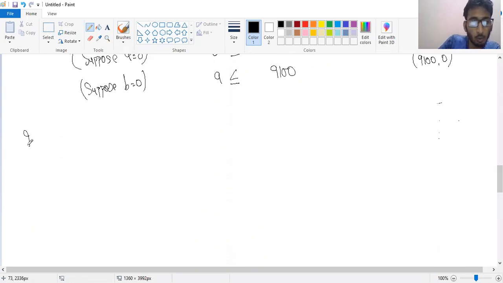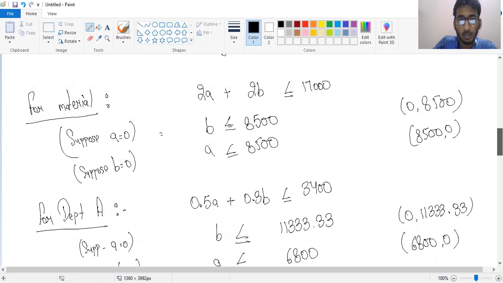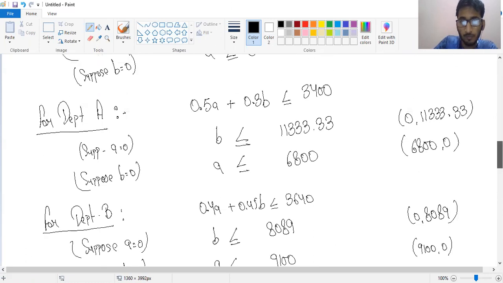The intersection of material and department A. How will we calculate it? I hope you guys know how to solve linear equations. The material line is 2A plus 2B equals 17,000.